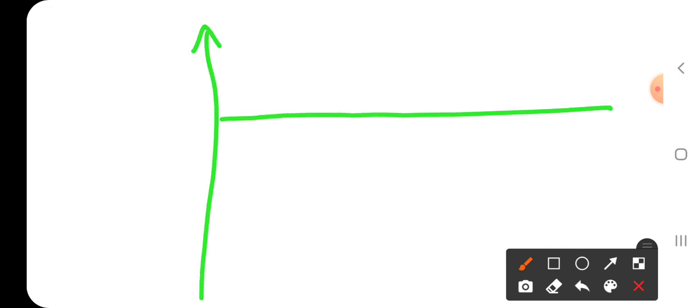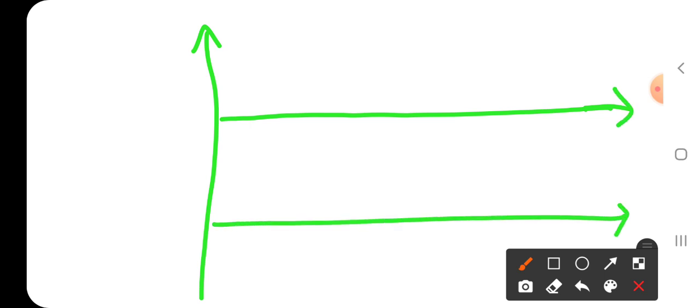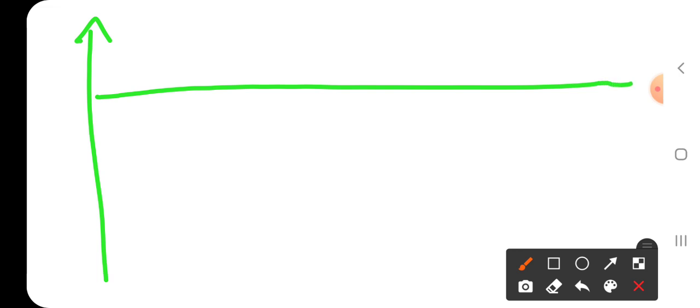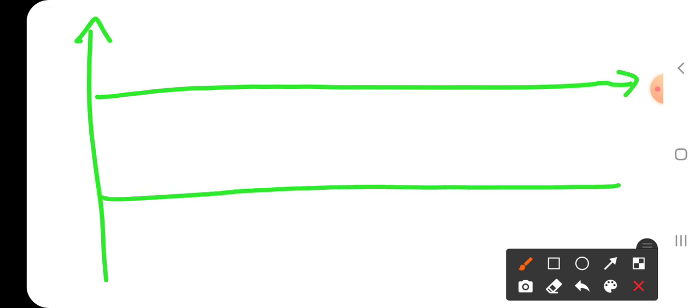First, these are the gate pulses I try to give. This is VG1, the gate pulse for the first chopper, that is the first IGBT, and here it is VG2.